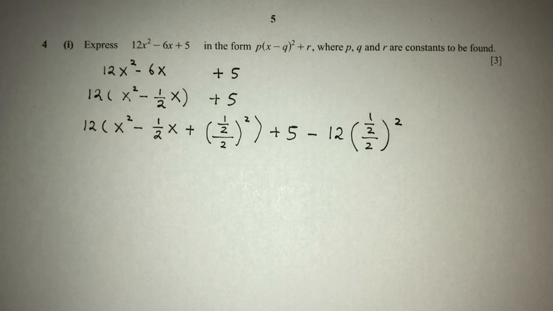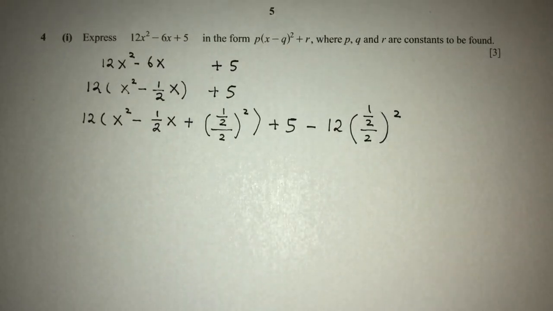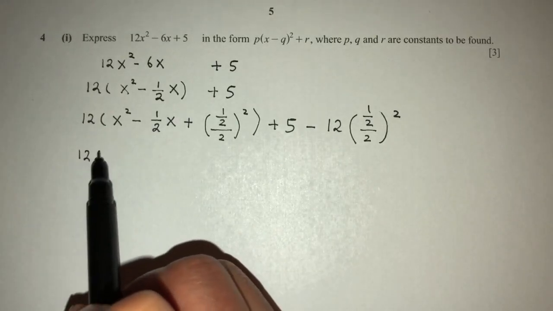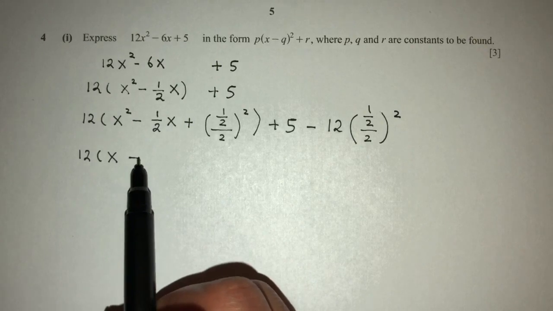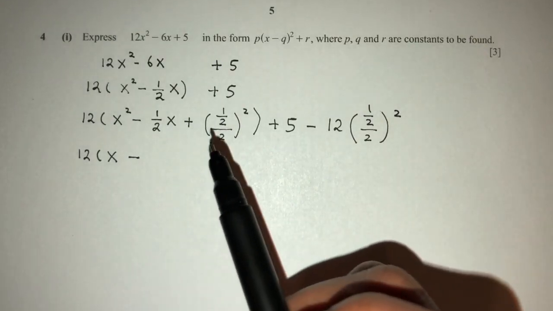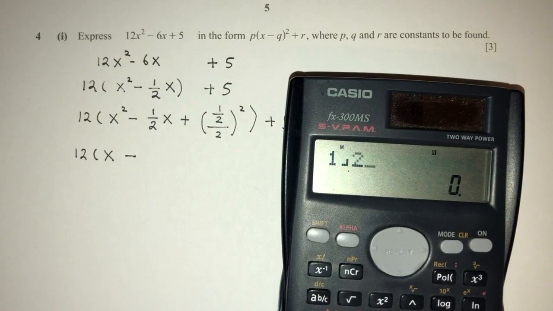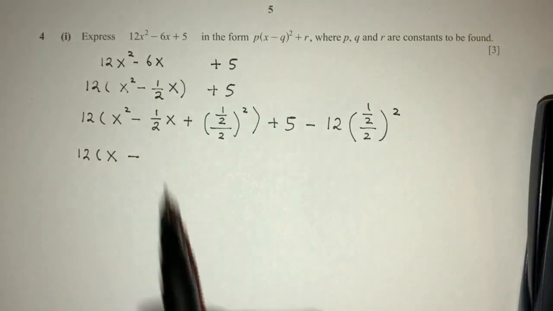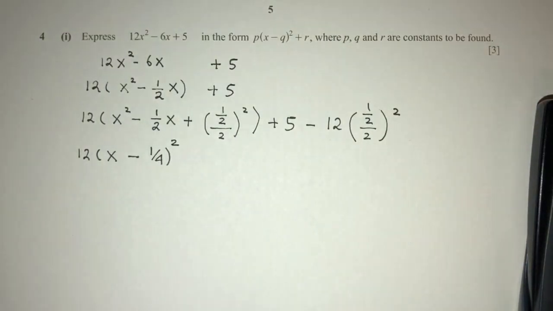So this is the main expression now, so we have to simplify. That will be 12, and here we have x, we write x. Here we have minus, we write minus. And here we have this value. So what is that value? Let's check. Half divided by 2, that should be 1 over 4. And here we have square.